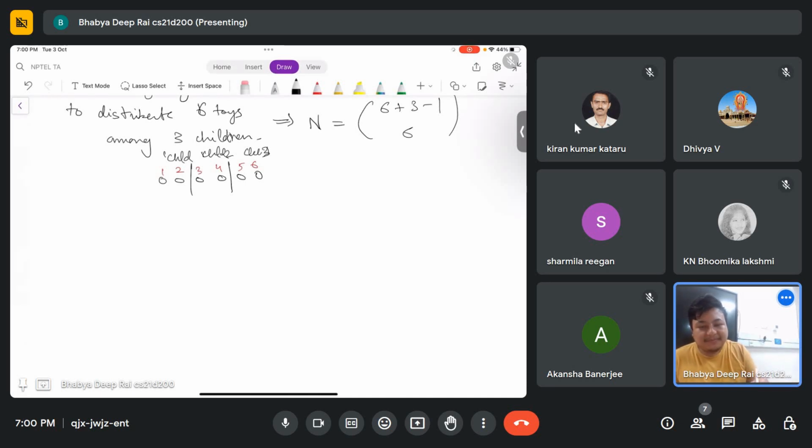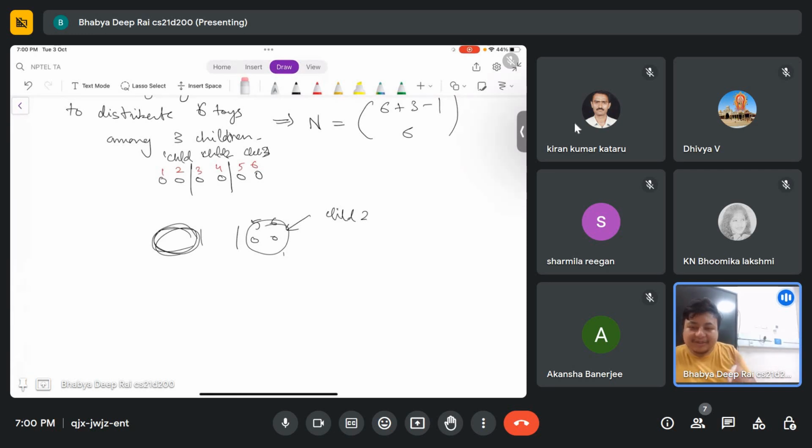But it may so happen that 5, 6 is what is gotten by child 2, which is not possible using the sticks and stones method, because as soon as I have sticks here, this is what is for child 2 and this is not for child. I hope you are getting what I'm saying. So this kind of labeling is not possible using sticks and stones.